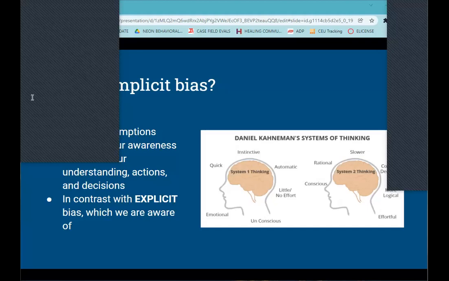A bias we're going to talk about today, which I think comes up in one of my examples later, is that Black men are more violent or more prone to crime. I think we talk about that in the video later. So that is a bias that people might have, and it's a more specific bias that might come up in your thinking versus something that's more general, like I'm uncomfortable with this group of people, or I don't like being around them. So I think we can move on from that.